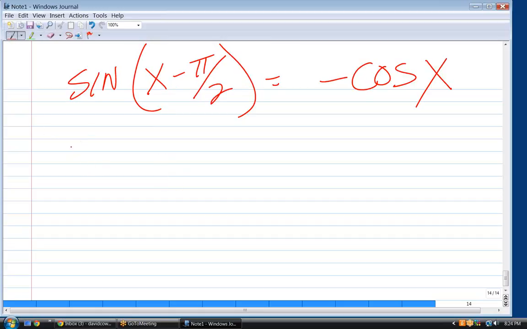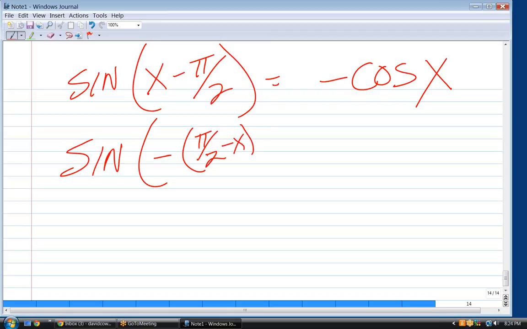It'll be sine of negative (pi over 2 minus x). You have to be a little careful with your parentheses here. Verify that that's the same thing. If I distribute that negative sign, it turns the x positive, and I end up with x minus pi over 2. So this is the same as that. It's important to do that because it's really easy to leave off these parentheses and get this wrong.